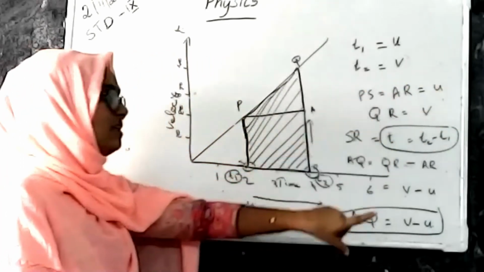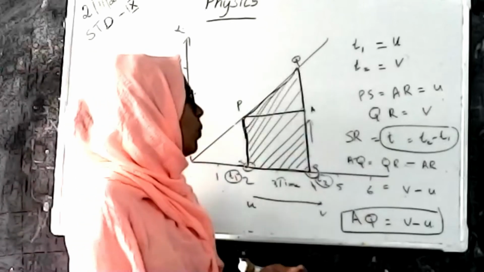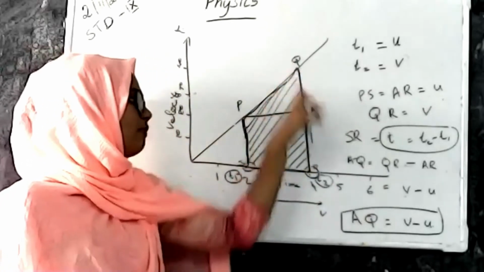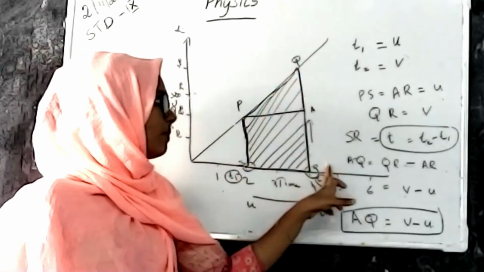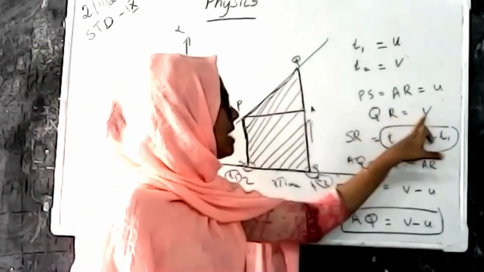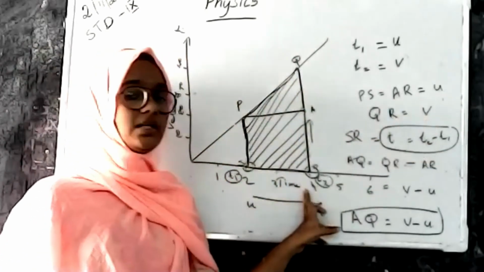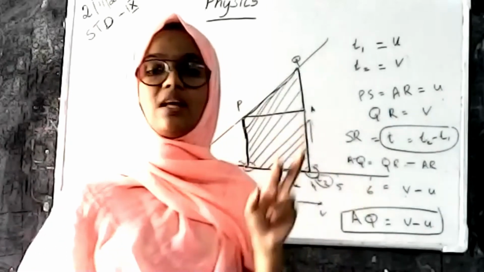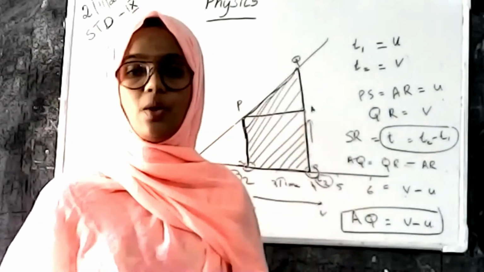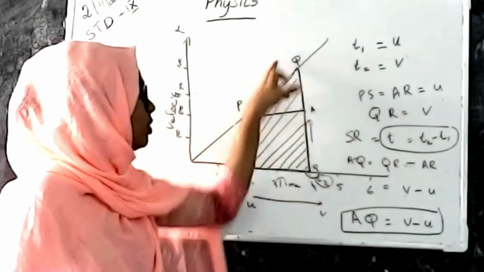Taking the next side, that is QR. QR is taken as V, because T2 is the final velocity and T2 is on the line QR.